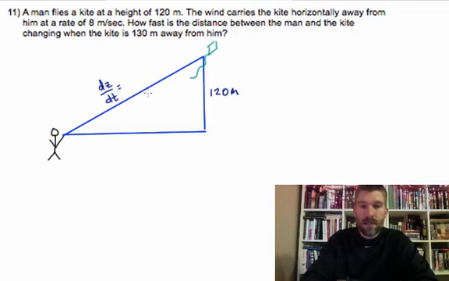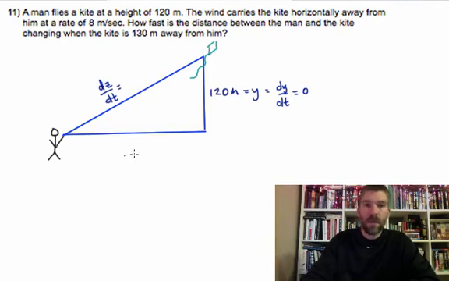So dz dt we don't know. The 120 meters is how high he is. We'll go ahead and call that y. And the 120 meters doesn't change. So dy dt, just for reference here, is going to be 0. Because remember, dy dt represents change, and if we're always at 120 meters tall, then no change, no derivative, or 0 derivative.